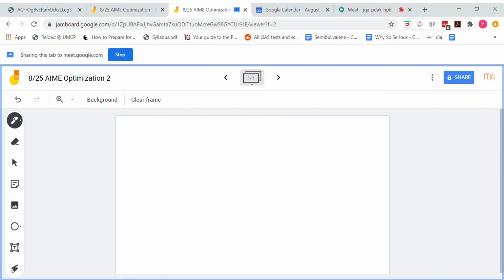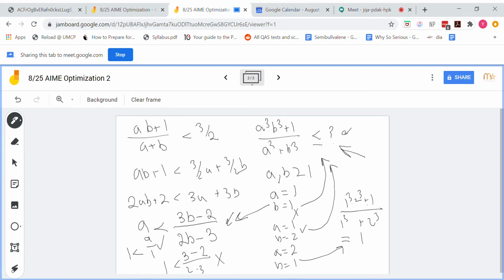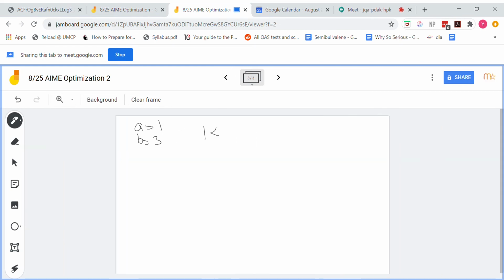Now we can jump into the problem. If we try a equals 1, b equals 3, first we check that it satisfies the initial condition: 3b - 2, which is 7, over 2b - 3, which is 3, and so this is good.